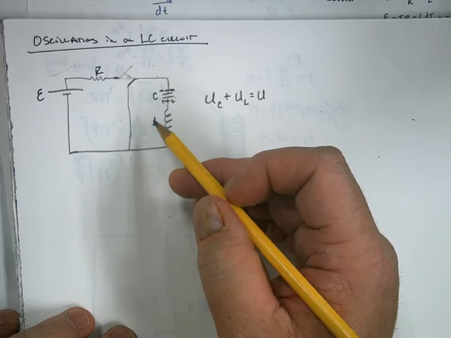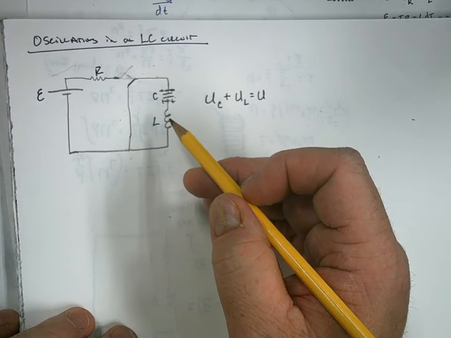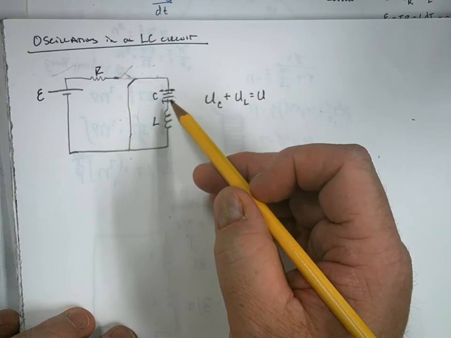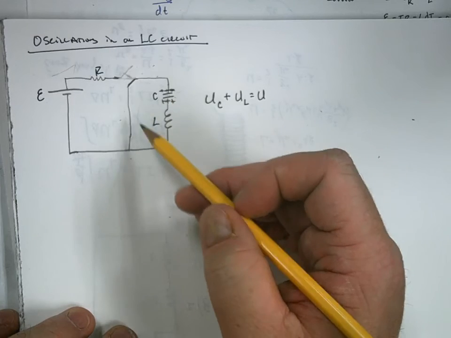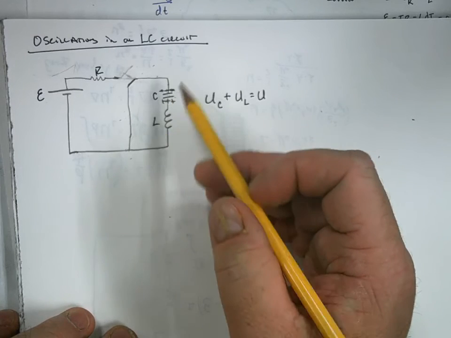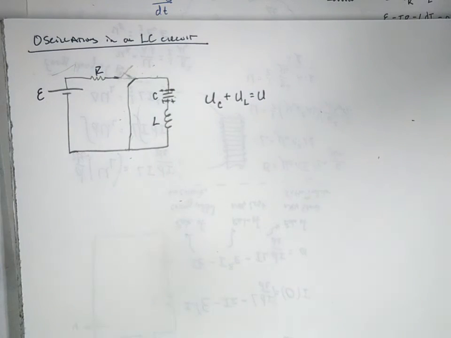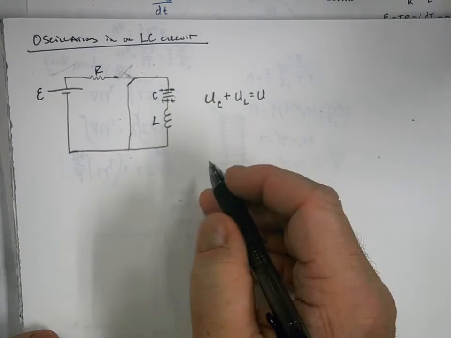Which means that if it keeps going, what does it do to the capacitor? It recharges the capacitor again. So if the capacitor recharges, then it's going to go back and it's going to discharge, and the same process happens, so it reverses polarity on the capacitor in this circuit. And it keeps going back and forth by reversing polarity on a capacitor.